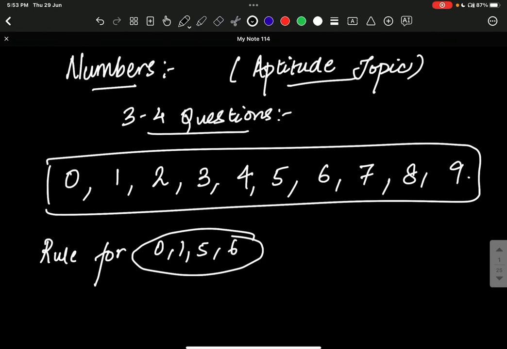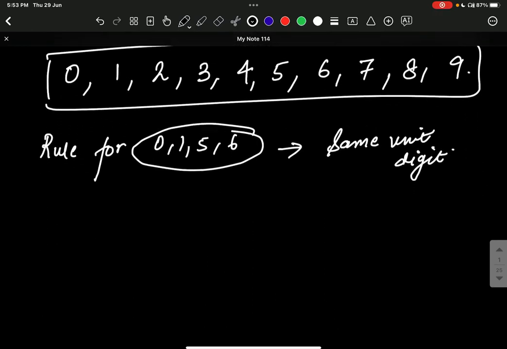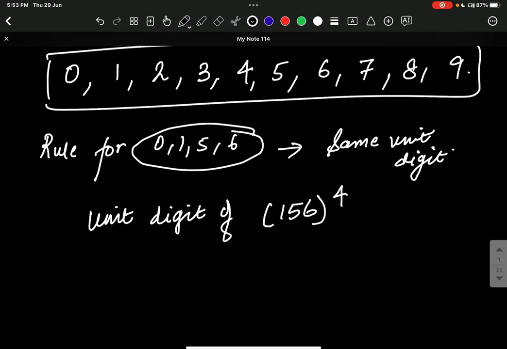That means the integers that end in the digits 0, 1, 5, and 6 are going to have the same unit digit. Okay. For example, if I say that the unit digit of 156 raised to the power 4 is what?